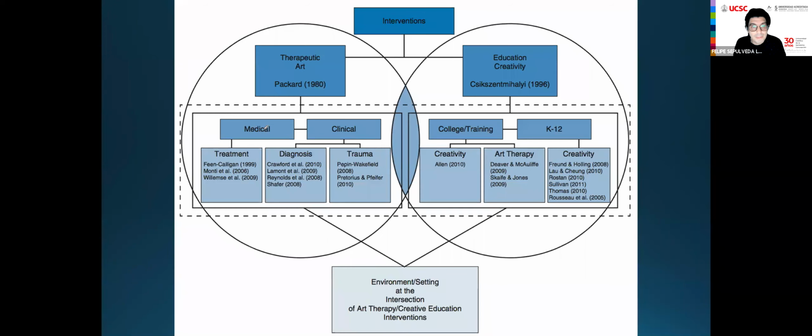This one comes from medical and clinical, and they have all the different subtopics identified with the authors that support those. And this one, the education creativity in college training and K-12, also with the supporting authors that they're going to be using to develop this.